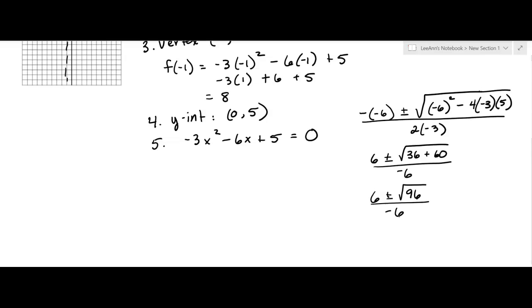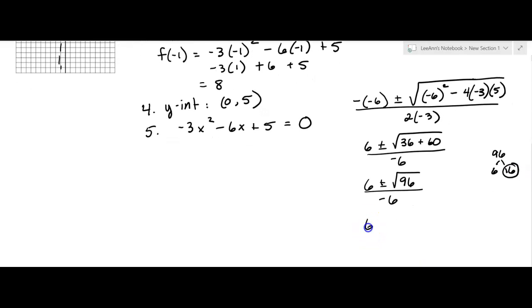Now, you could plug that in the calculator right now. What are some other things we could do? Well, we could simplify it. So, let's see, 96, how does that break down? 6 times 16, and I can take the square root of 16, that's 4. So I get 6 plus or minus 4 square root 6 over negative 6.